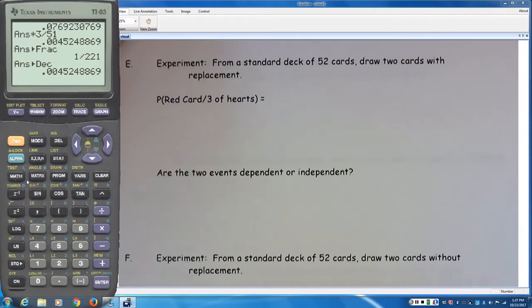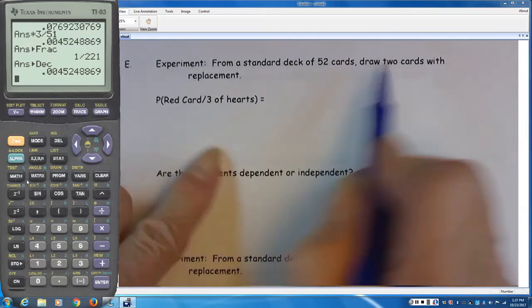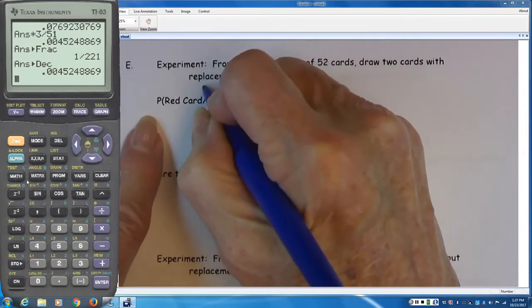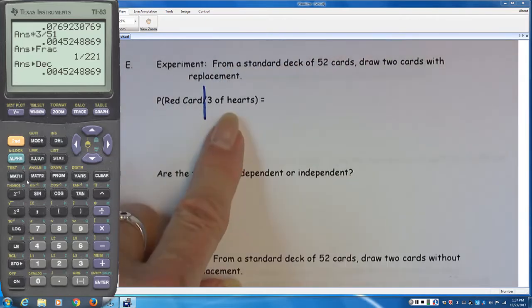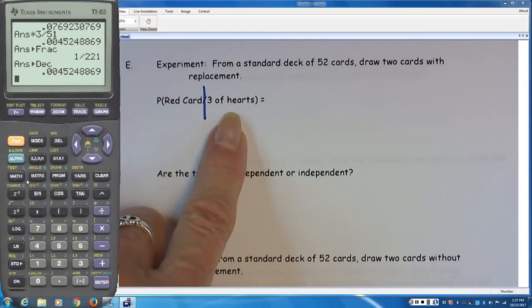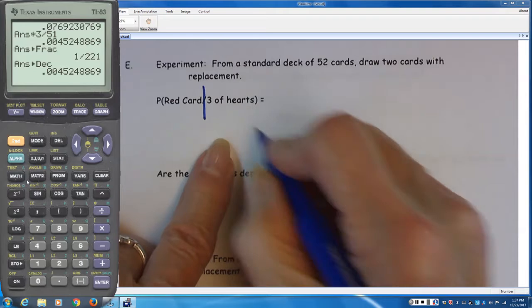Okay, same deck of cards. Probability that you draw a red card after you've already drawn the 3 of hearts. What's the probability of the 3 of hearts?